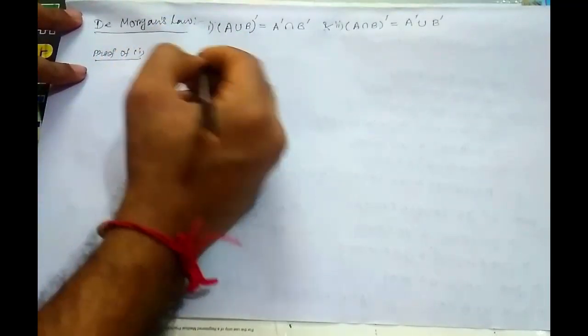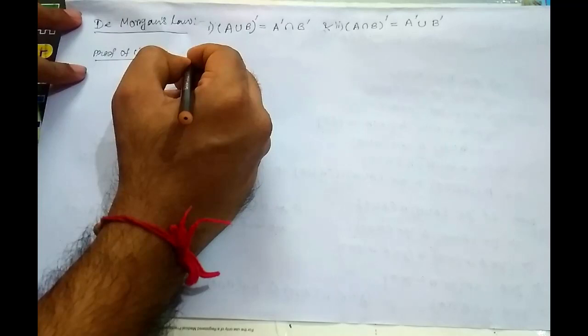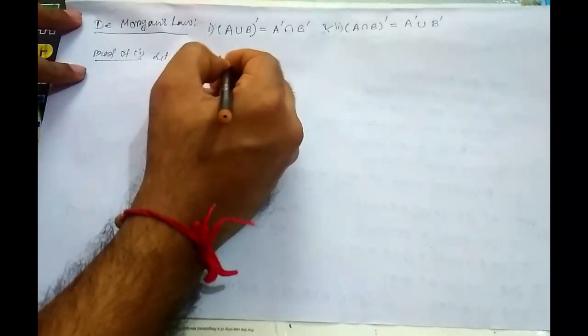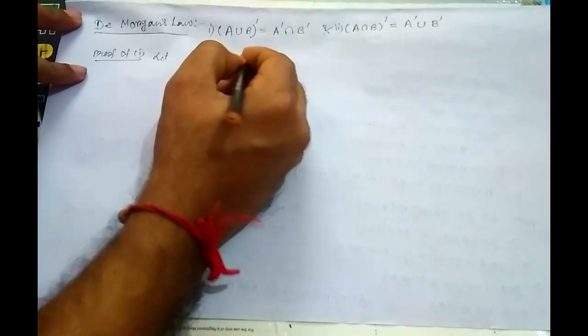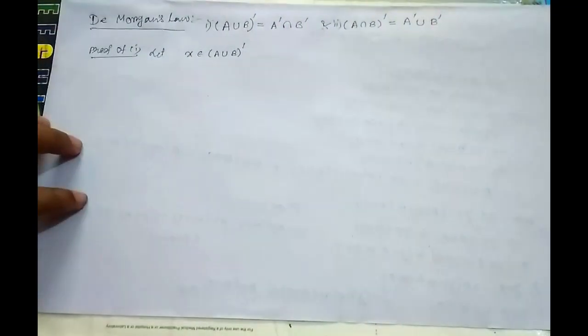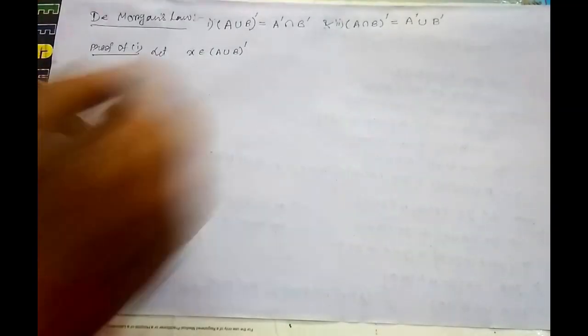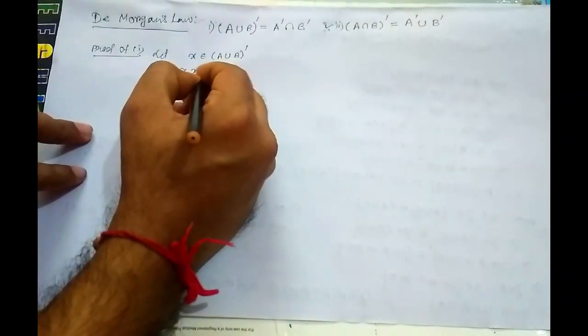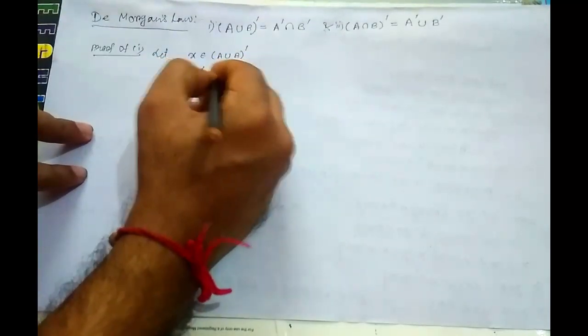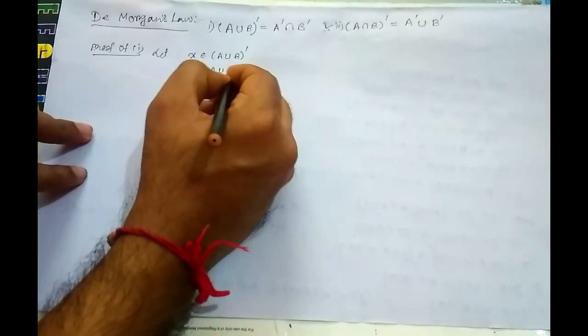Let X belong to the complement of A union B. Okay, now this means that X does not belong to A union B. So this implies X does not belong to A union B, right?